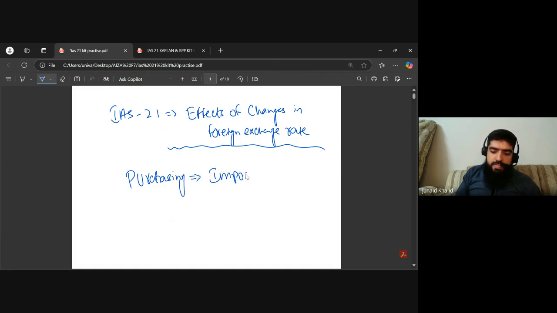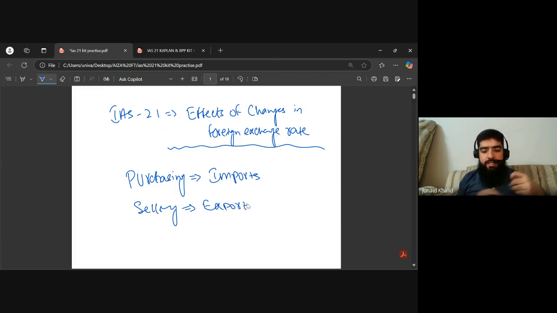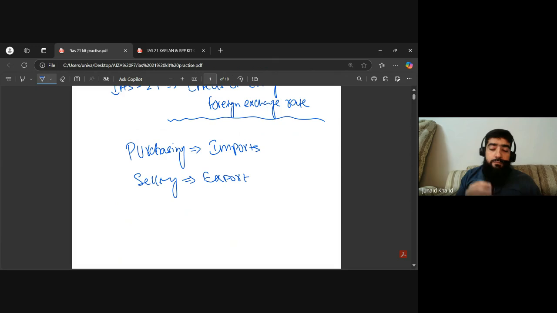And if we are selling goods outside the country, that selling is known as the export. So definitely we have some imports and exports throughout the year. The company will be purchasing some goods from other countries, and it will also be selling some goods to other countries. So what is the problem?